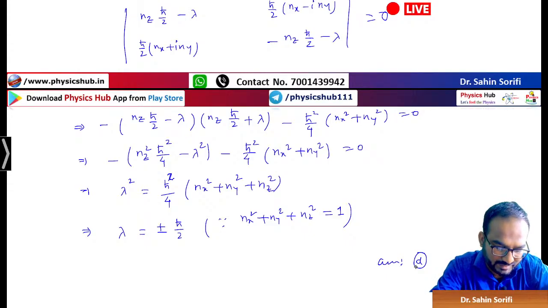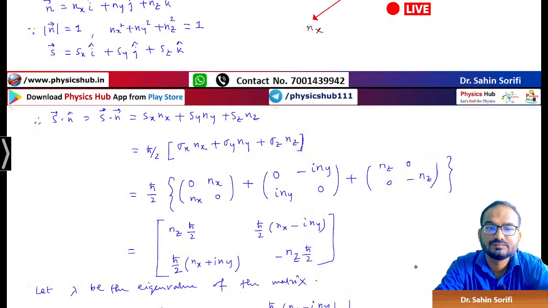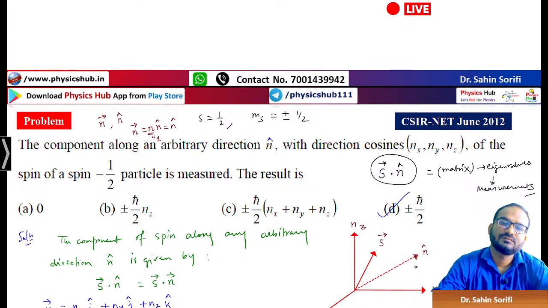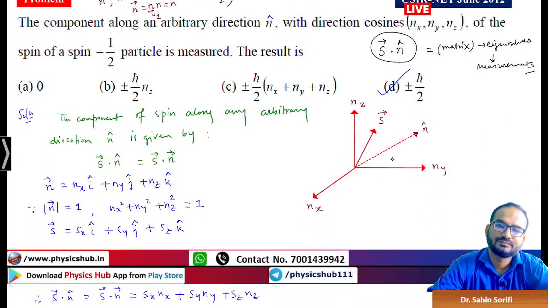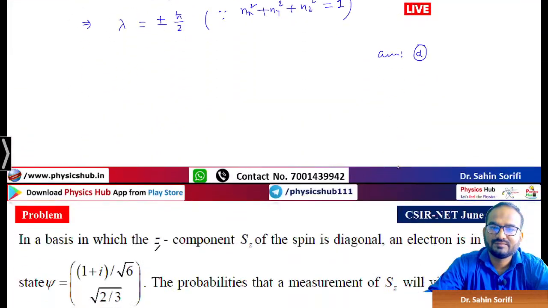When you convert n cap into n vector, why not divide by the magnitude of n? Look, a unit vector is itself a vector, right?